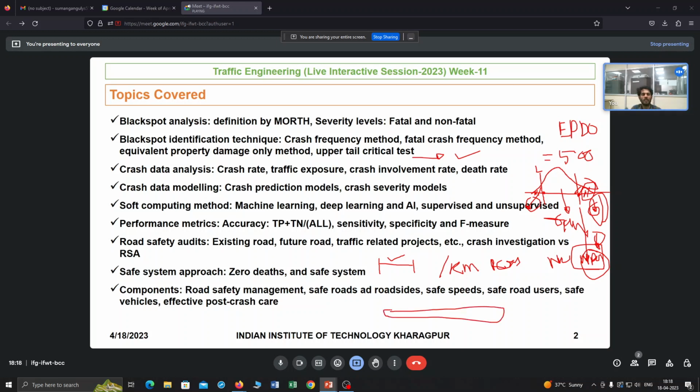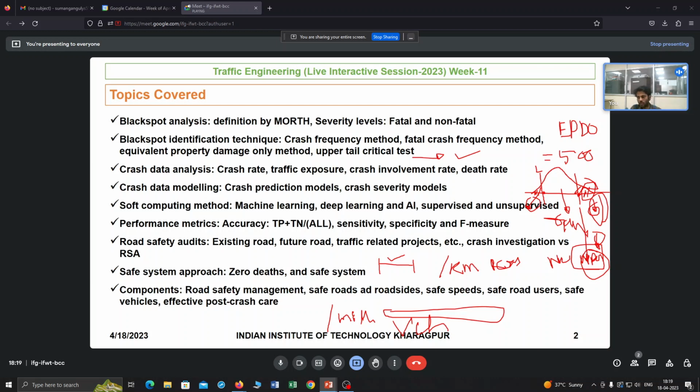Also, you can say the number of accidents per million vehicles, that is, the number of accidents divided by the number of vehicles in millions, which can also be called the crash rate.